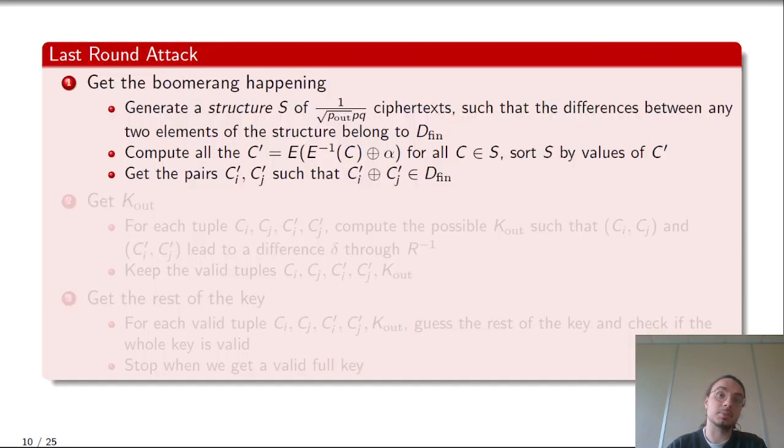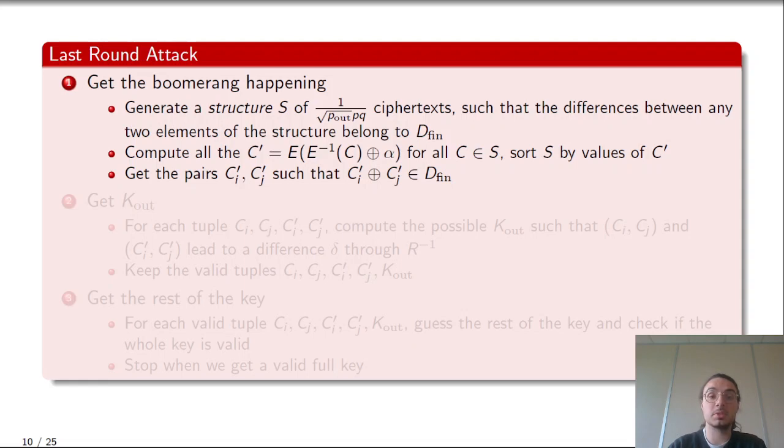So more formally, we follow those three steps, and for the first one, we generate a structure of ciphertexts, such that any difference belongs to the set.